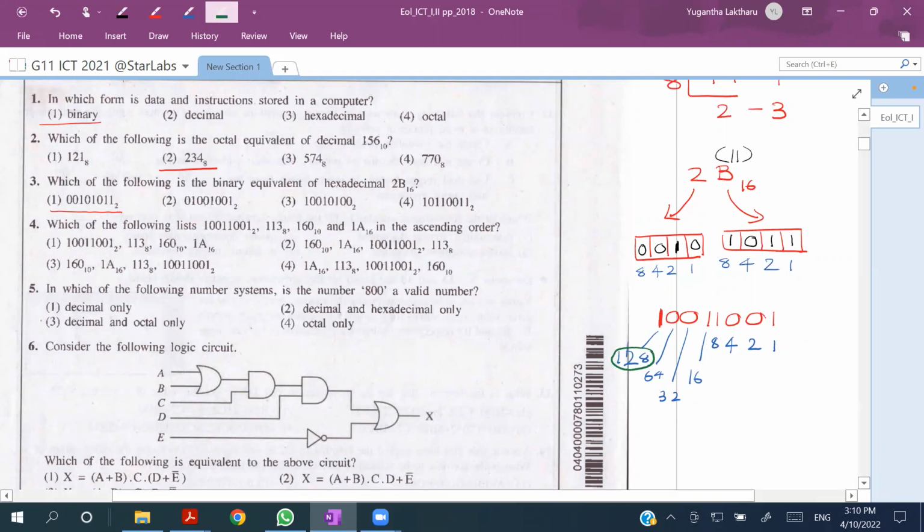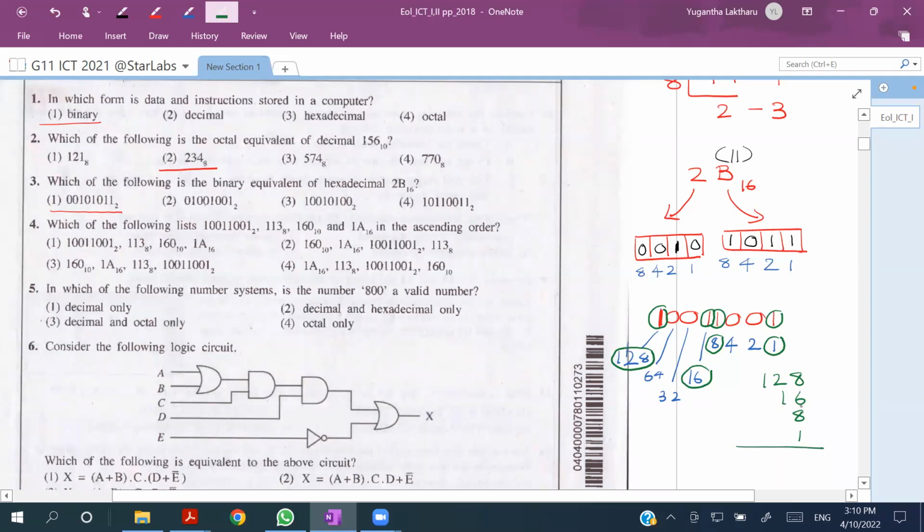So what are the values that we are going to consider? It is 128, 16, 8, and 1, because those are the only places which got 1 over it, right? So that means 128 plus 16 plus 8 plus 1.